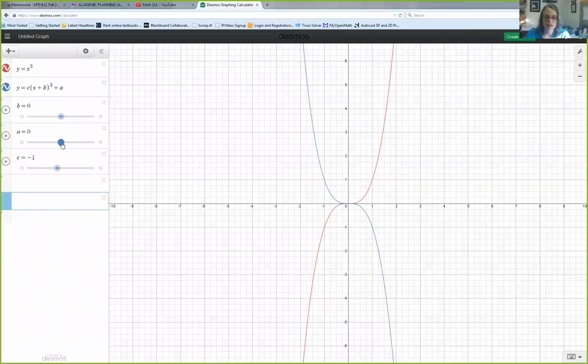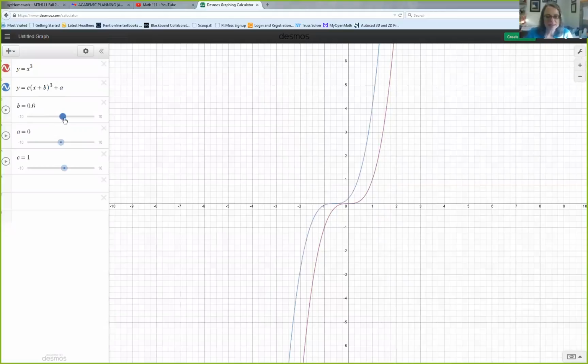Right now my two functions are lying one right over the top of the other, because I've added 0 inside the parentheses, added 0 outside the parentheses, and multiplied by 1. So my blue function is really the same thing as my red function. It's y equals x to the third power.